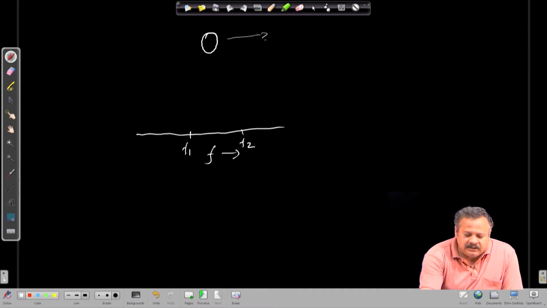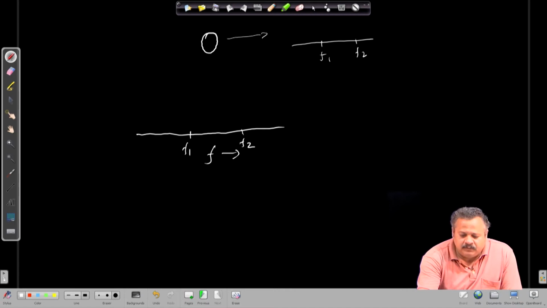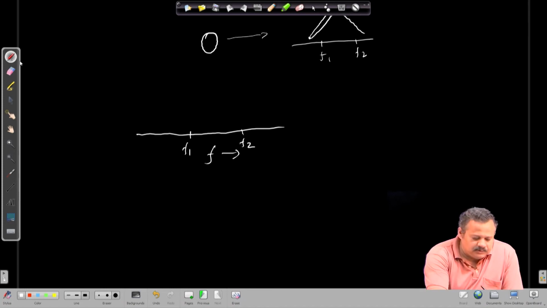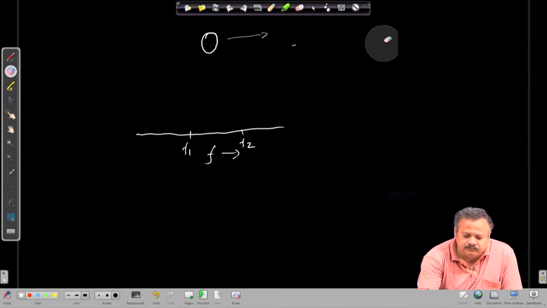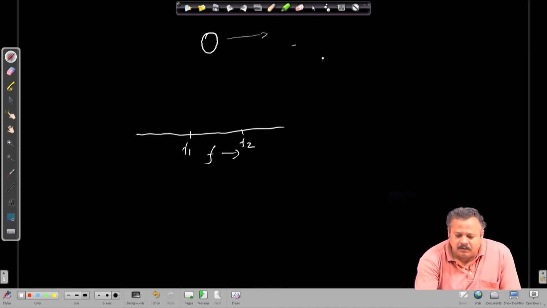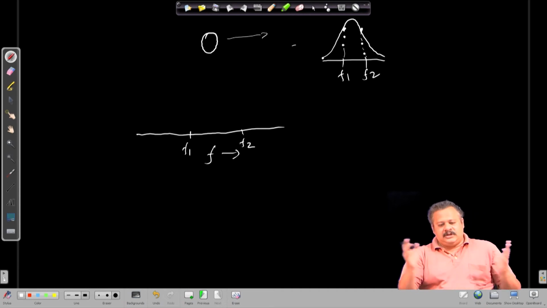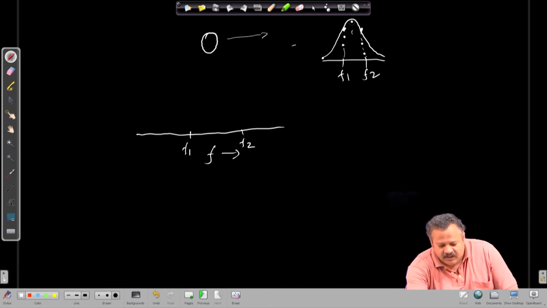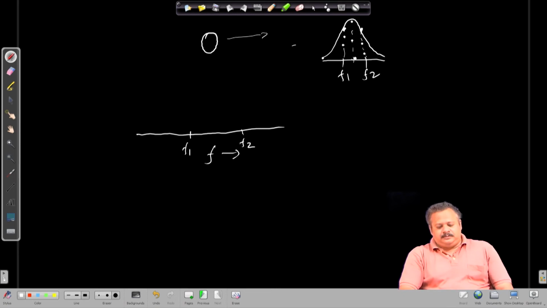So, let us say the rate responses of the neuron, this is F1, this is F2, it is tuned in this particular manner. So this is F1, this is F2. Let us say, so it has almost equal rates on both sides of the best frequency of the neuron.